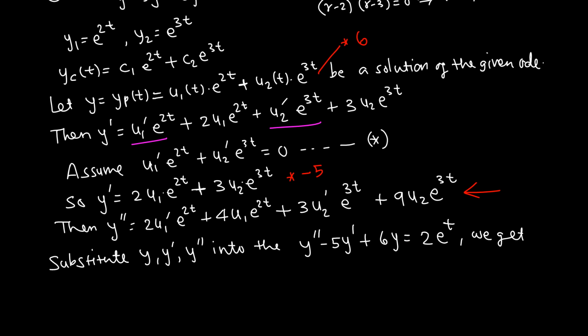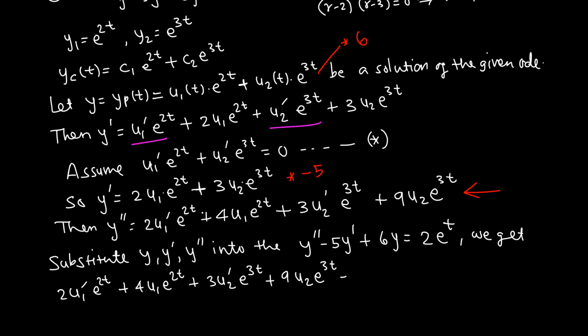Okay, so y double prime is here, so let's write this: 2u1 prime e raised to 2t plus 4u1 e raised to 2t plus 3u2 prime e raised to 3t, and the fourth term is 9u2 e raised to 3t. That's y double prime. Minus 5y prime, so let's multiply this by negative 5.